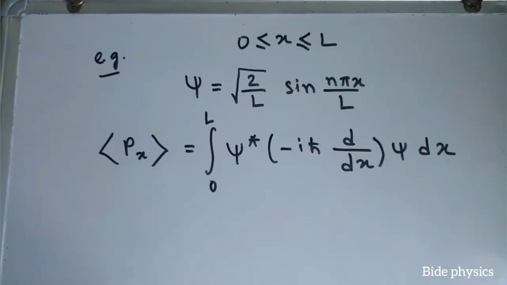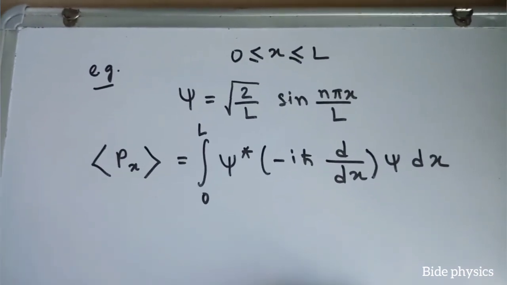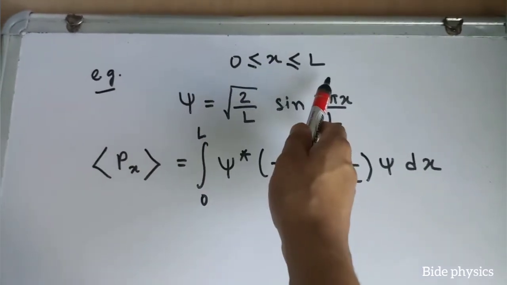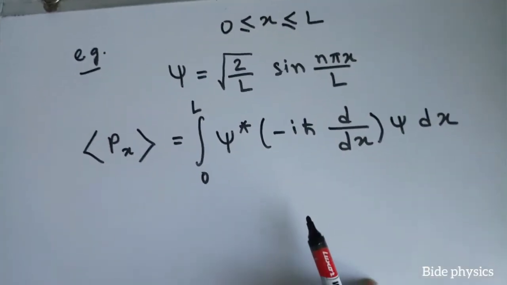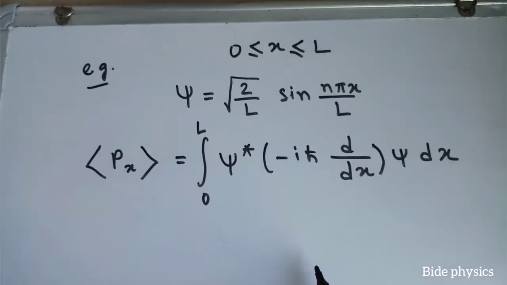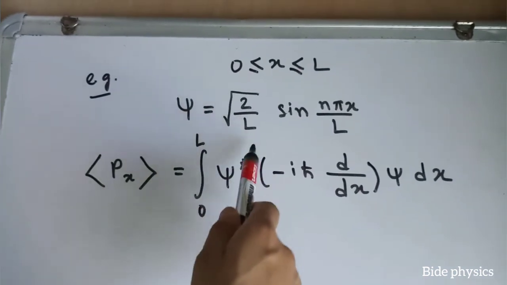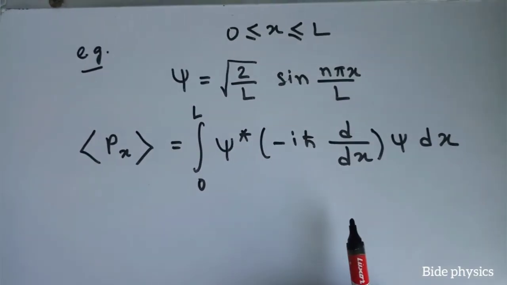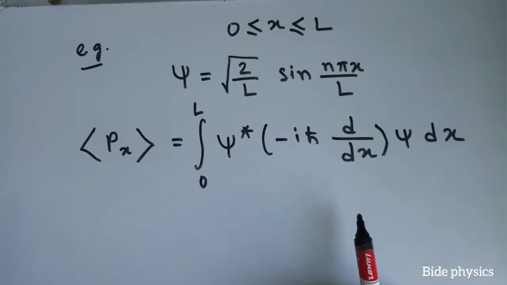Okay, let's take an example. Suppose we have a particle which is bound to move along the x-axis, within the limit 0 to L. The corresponding normalized eigenfunction, or you can say state, is given as psi equals root 2 by L sine n pi x by L. So in that case, according to the rule, suppose we have to determine the expectation value of momentum.